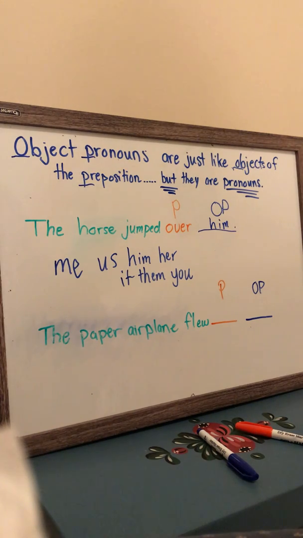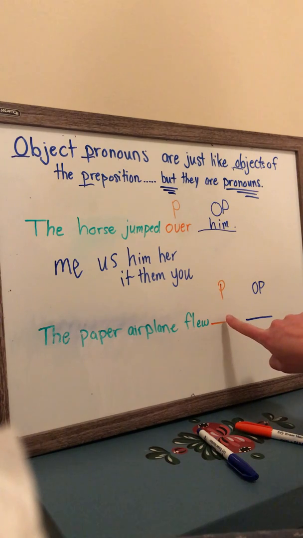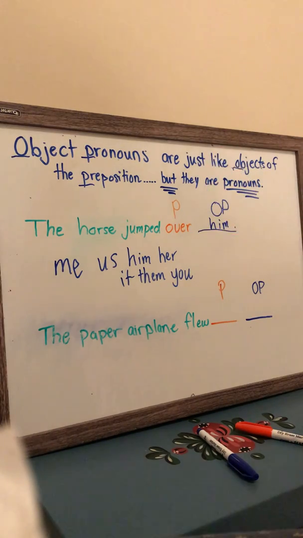Right here, I have the paper airplane flew blank and blank. We need to fill it with a preposition and an object of the preposition. I'm going to do two with you, and then I want you to come up with your own, okay?